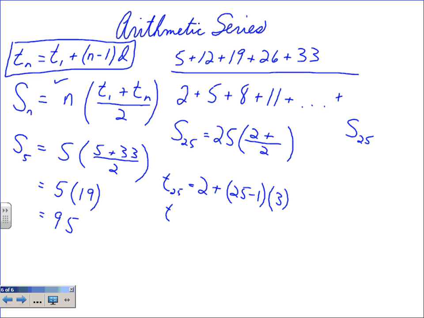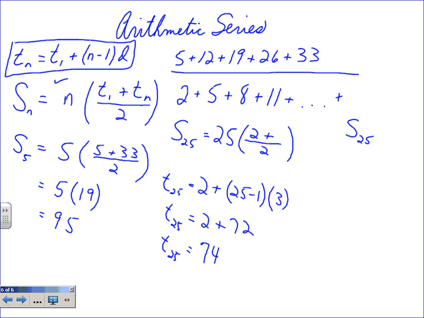So the 25th term, you have 2 plus 24 times 3. And so the 25th term here is 74. Does that make sense?